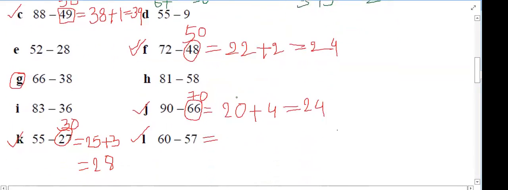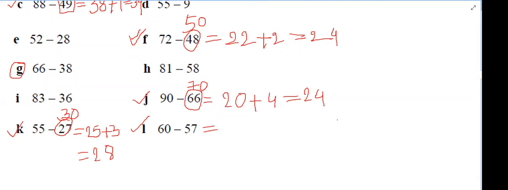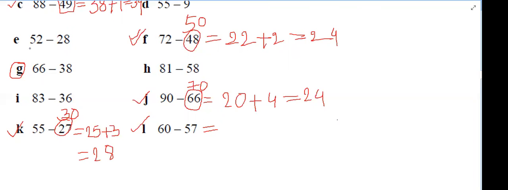Now see question number E. 52 minus 28. Can anyone tell how we will convert this question? Sir, 52 minus 28 will become 53 and 30. No, check again. You made 28 as 30, which means you have added how much?